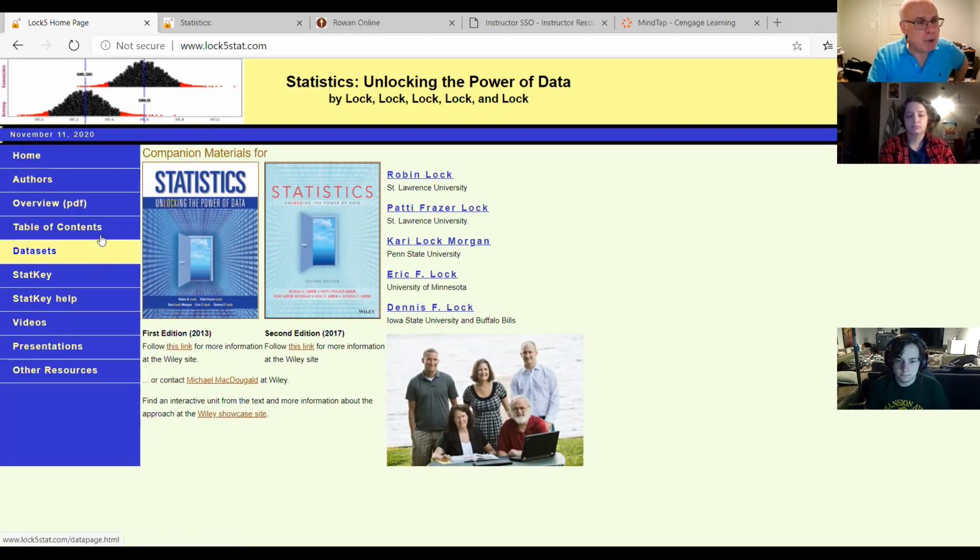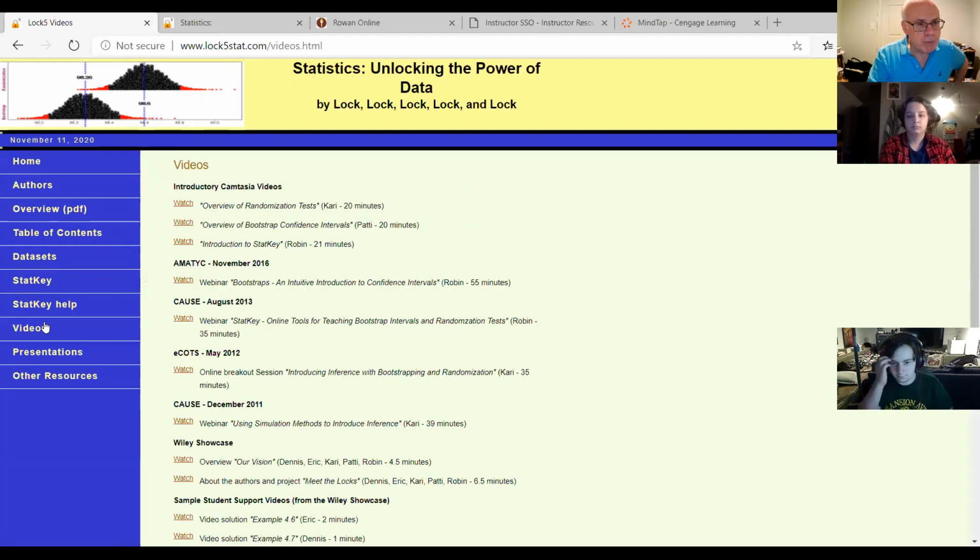And then along the side here are different resources that you can use. If you are into reading, you can look at the PDFs, but I'm sure many of you don't want to do that. But they do have videos, which is nice. If you click videos, they have different places they spoke at, and you can look at any of these videos, by the way. But the ones that I would recommend at first are the introductory videos.